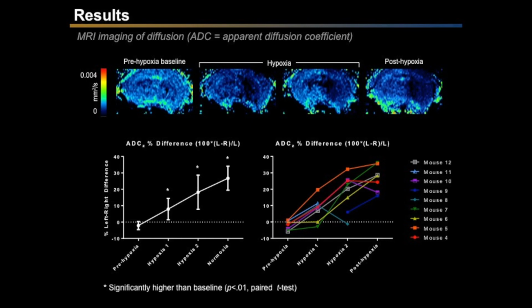And then this is another way to look at it. On the right, you have the 9 animals, tracking them over the different periods, and on the left is the average of these values. So as you can see, the trend is fairly robust, and this is actually what we expected with this animal model in terms of their diffusion changes.